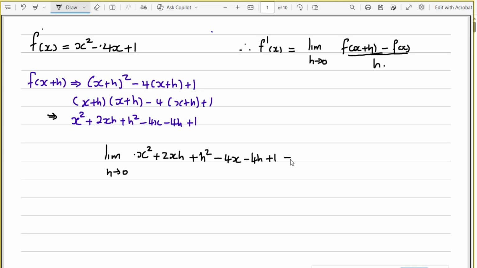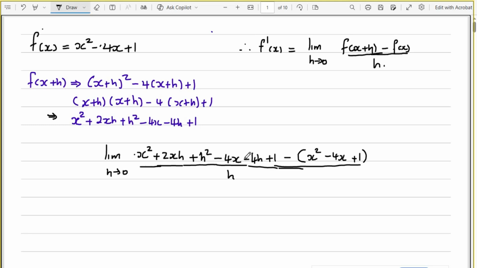Let's subtract f(x). So please make sure that when you subtract f(x), you put it inside the bracket. This is one of the things most learners forget to do, so that they can multiply out the bracket with that negative. Then this is over h. You still with me? Yes, sir. Okay.